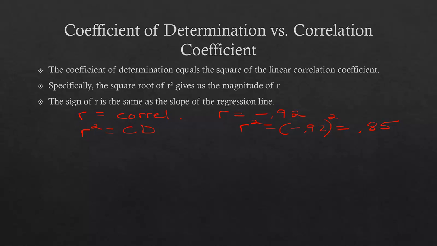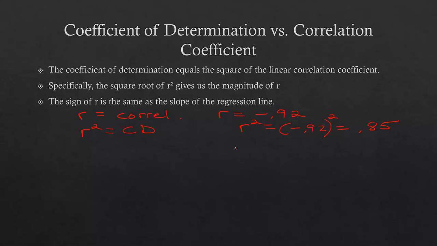Now notice that second bullet up there. It says the square root of R squared gives the magnitude of R. So I could take the square root of 0.85, and I'm going to get 0.92.